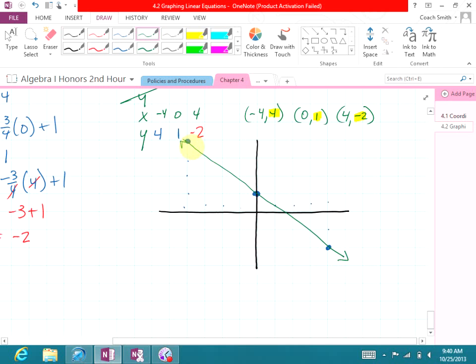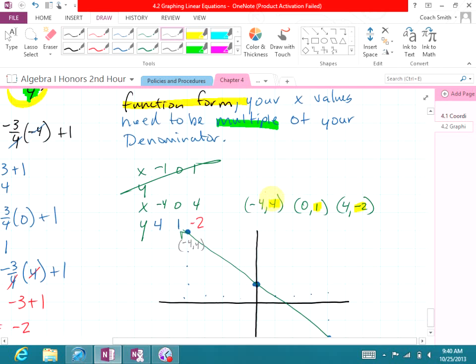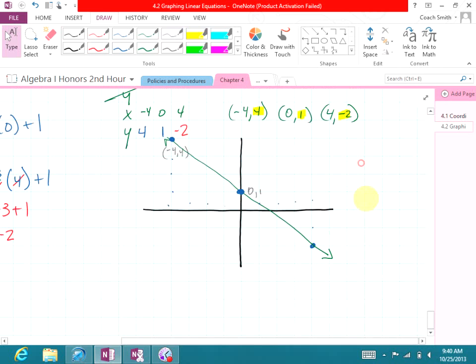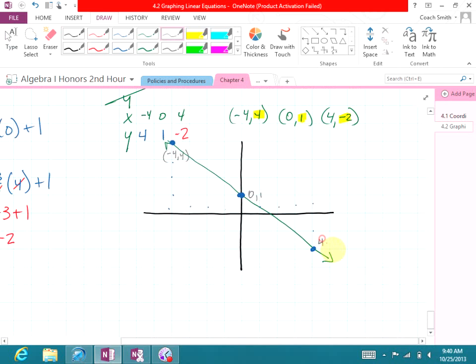Okay, and so that's your line. Now, once again, this was negative 4 and 4. This was 0, 1. And this is 4, negative 2.